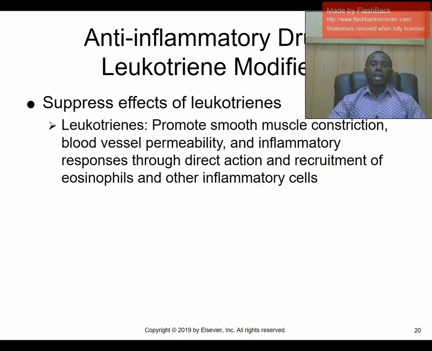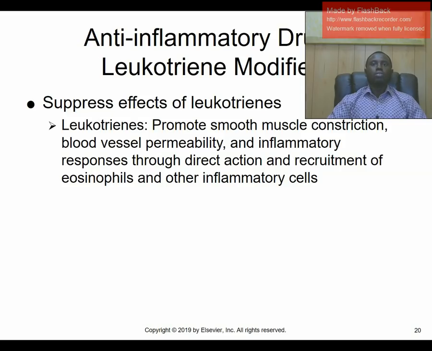The next class of medications that we will be looking at are called leukotriene modifiers. Leukotriene modifiers promote smooth muscle constriction, blood vessel permeability, and inflammatory responses through direct action and recruitment of eosinophils and other inflammatory cells.